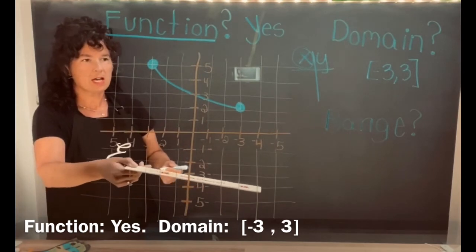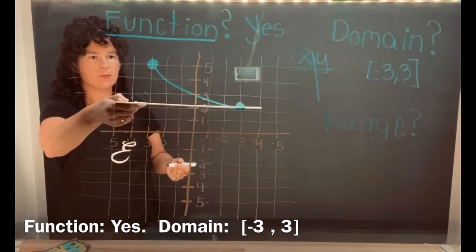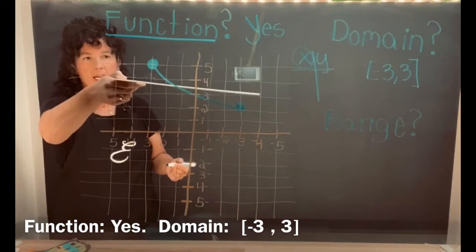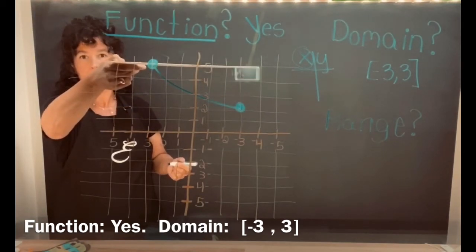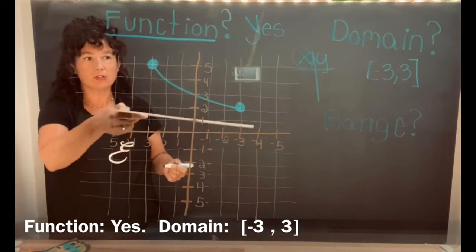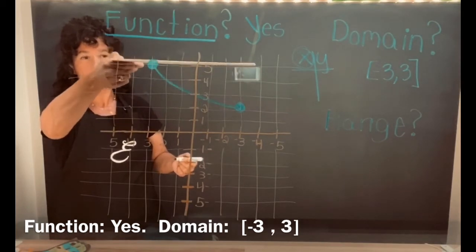The first time that I'm in contact with this graph is right here. And the y value is +2. We remain in contact until +5, and then after +5, we lose contact. So our y values, our range, is going to be between 2 and 5.